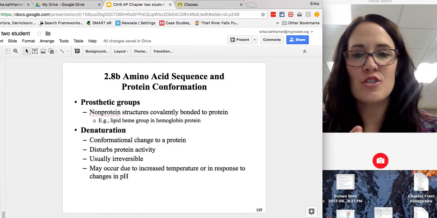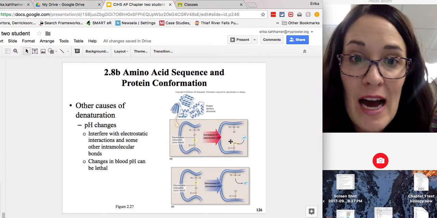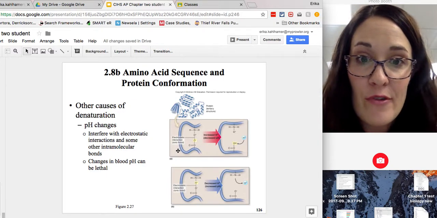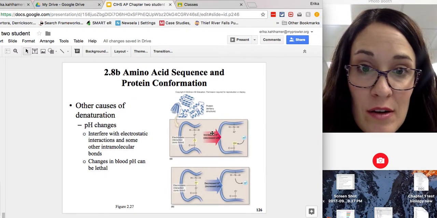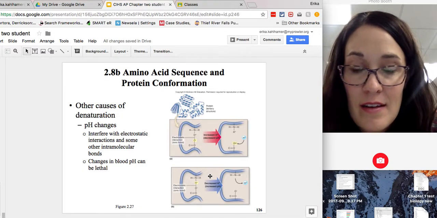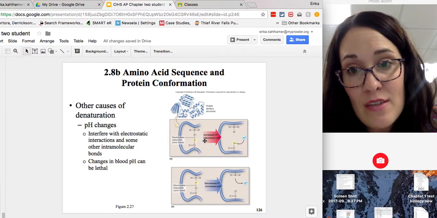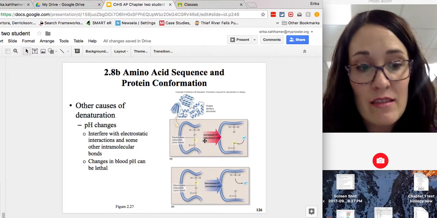Same with large swings in pH. And this just shows how the chemical bonds break if there's an increased hydrogen amount, which means a decreased pH, or the opposite. So alkalosis down here, or acidosis. And it can be lethal.